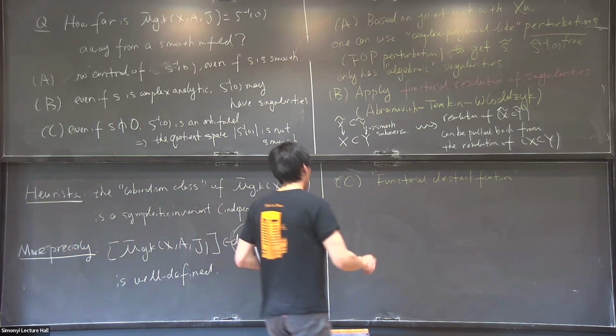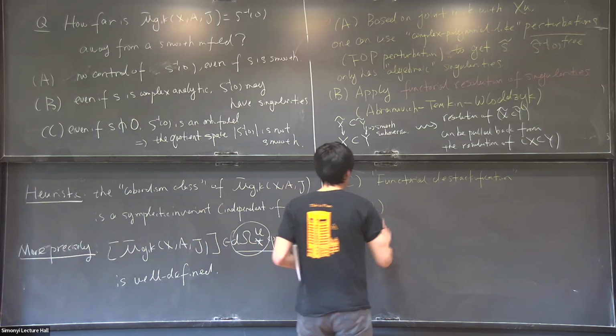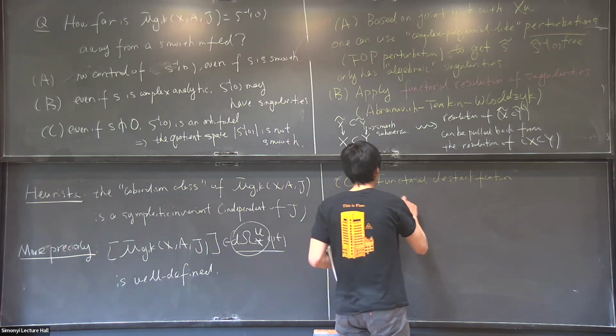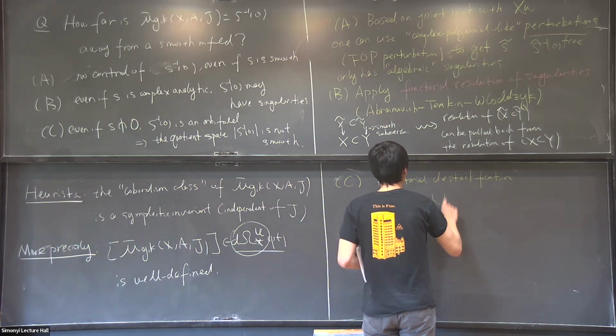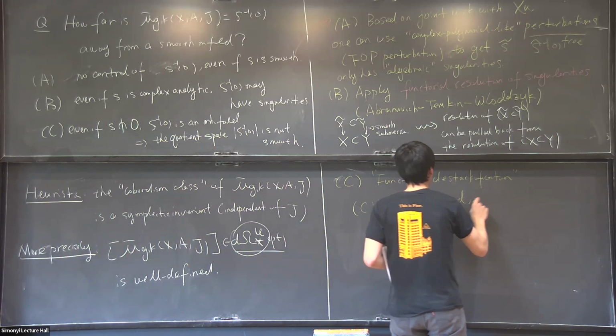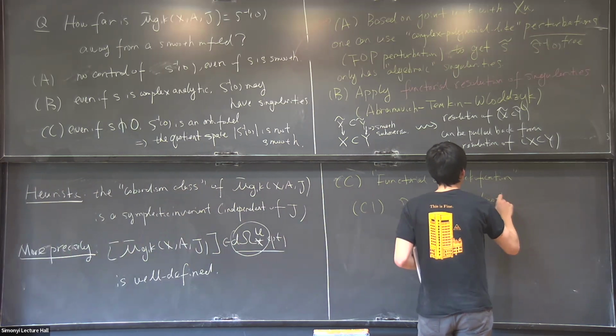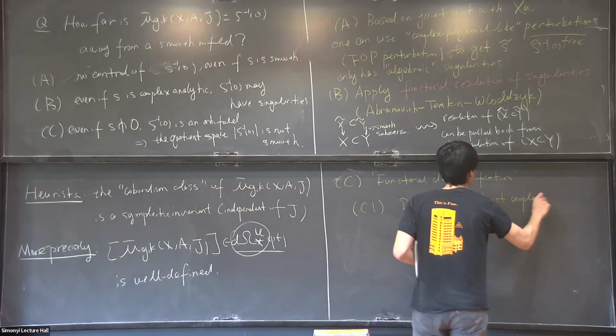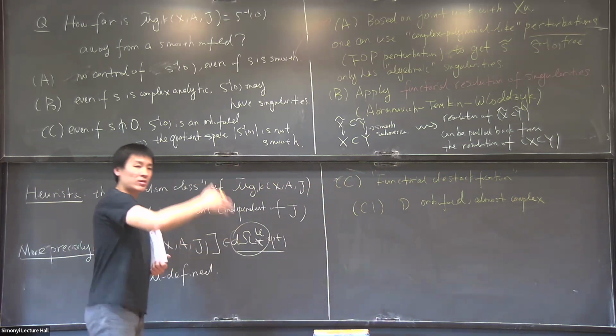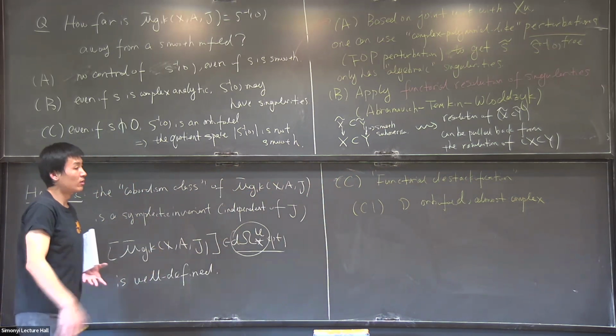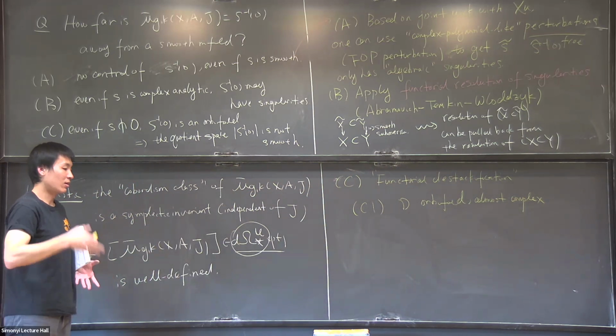The point is the following: it has two steps. The first step is, given an orbifold, let's say it's almost complex, one can do a sequence of blowups so that all the stabilizers are abelian.